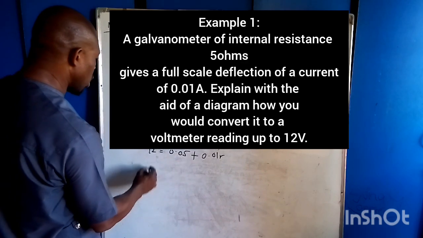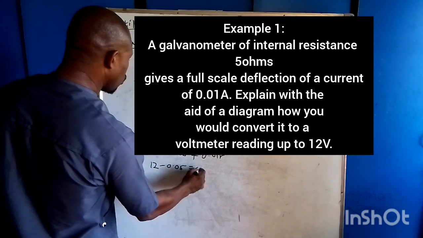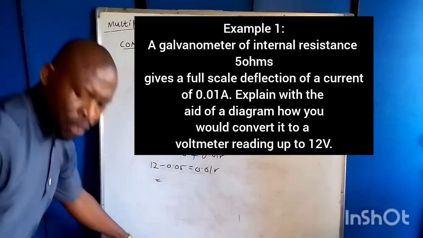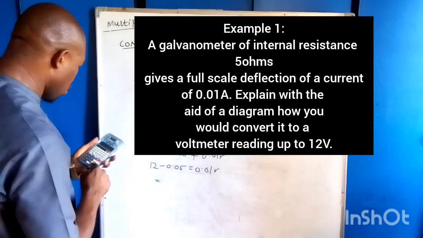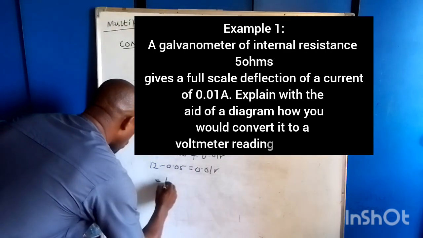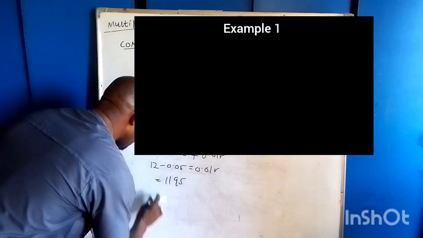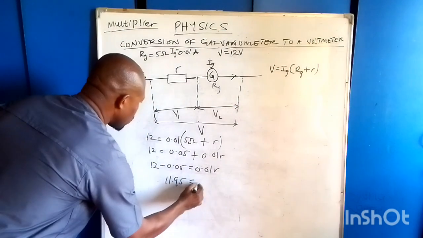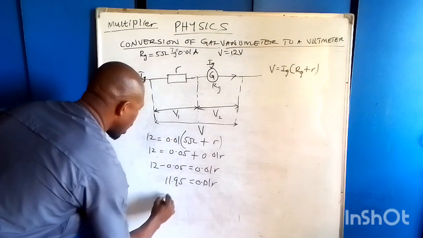At this point, we collect like terms. This one will move over to here. We have 12 minus 0.05 is equal to 0.01 R. Applying our calculator, 12 minus 0.05 gives 11.95, which is equal to 0.01 R. Now make R the subject.